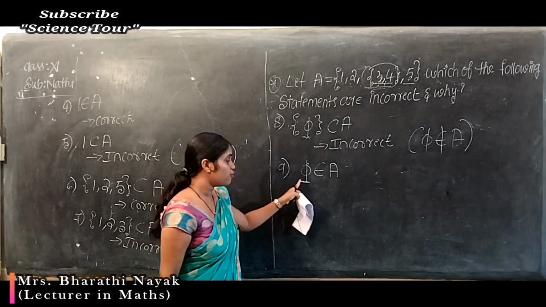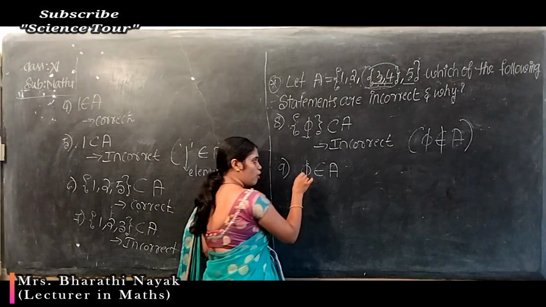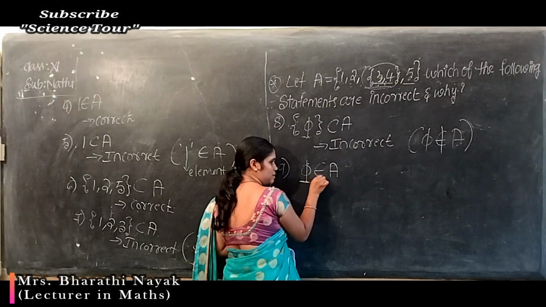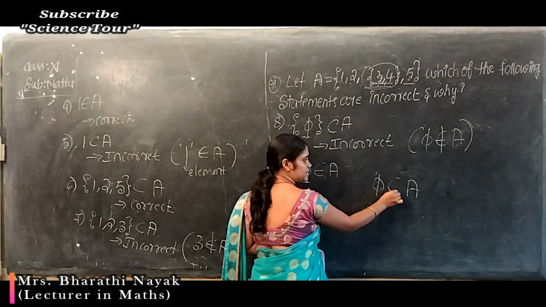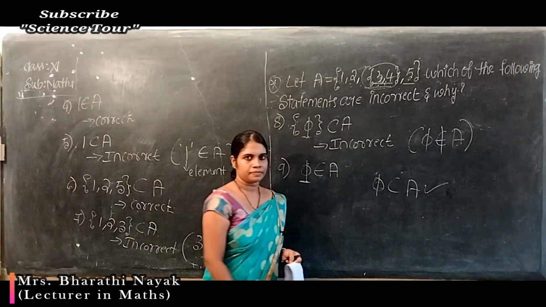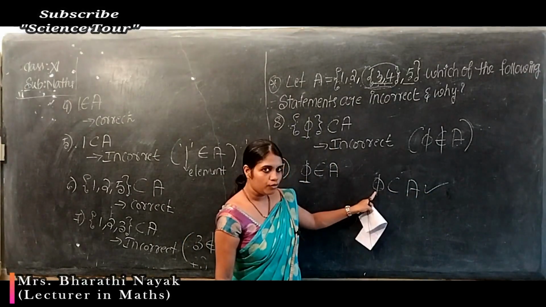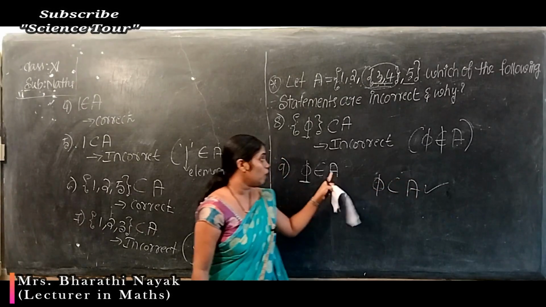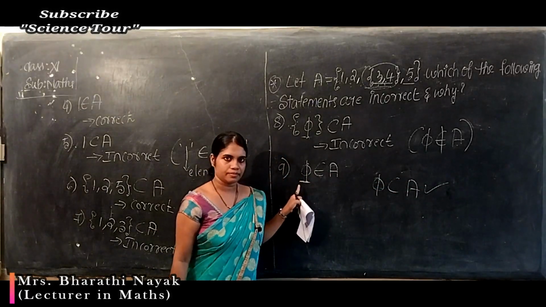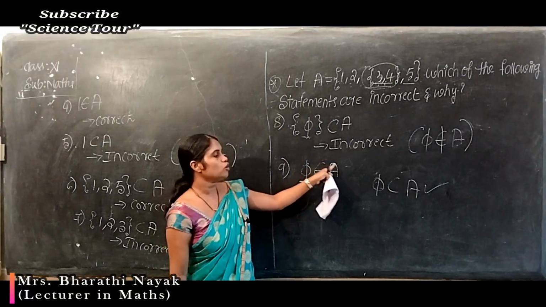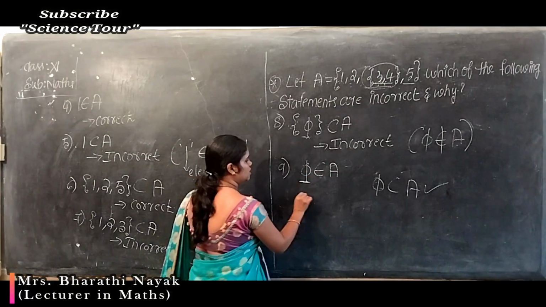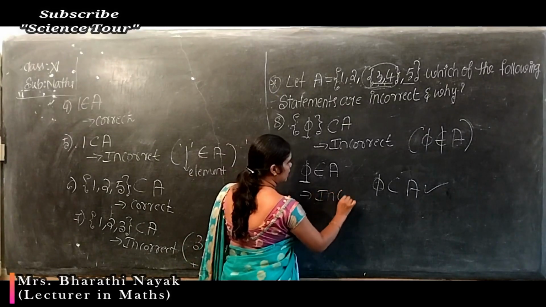We can use it for an element, but for this set we cannot use this symbol. But if it is given like this, empty set is a subset of A, then it is correct. Empty set will always be a subset of A. It will not be an element of A. Understood now? So therefore here, given empty set belongs to A, this is incorrect.